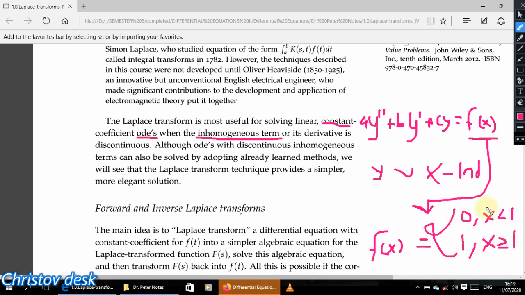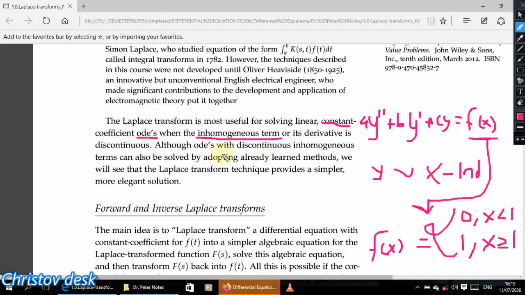So you may look at this and see some kind of discontinuity, because this is how f of x has been defined. Then you cannot easily use the normal techniques that we know for solving differential equations, so you would want to use the Laplace transform.